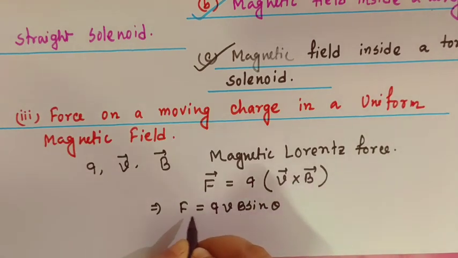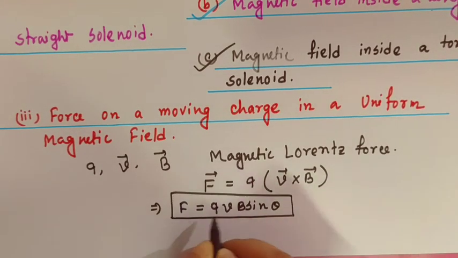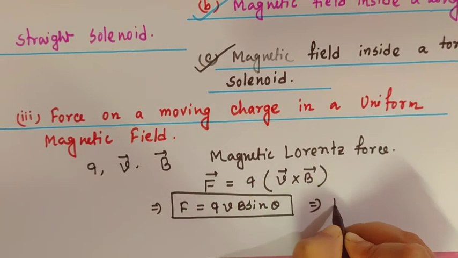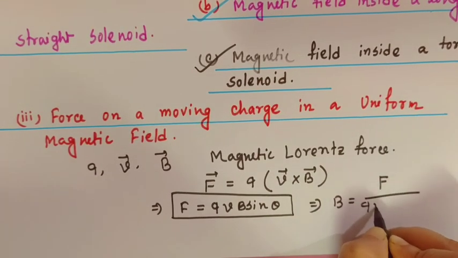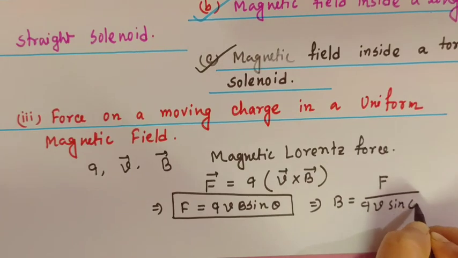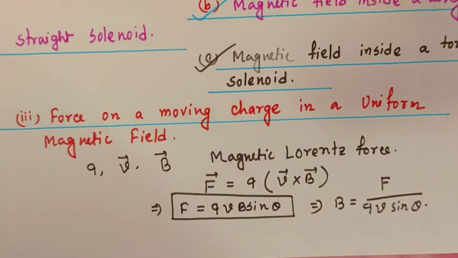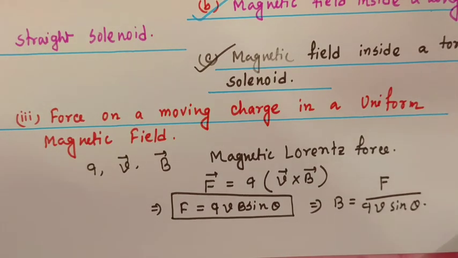From this equation we can simply write B is equal to F divided by QV sin theta, where F is the magnitude of the magnetic force on a positive test charge Q and V is the velocity of the charge that makes an angle theta with the direction of the magnetic field.